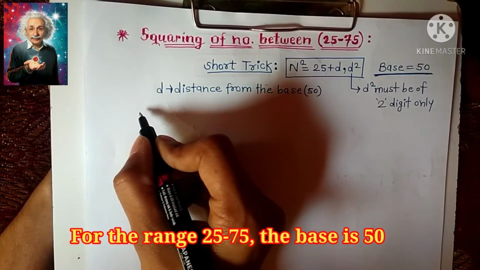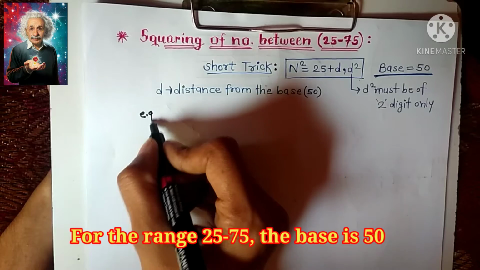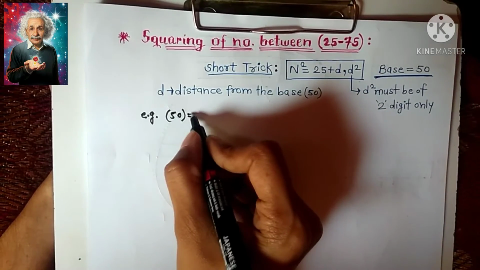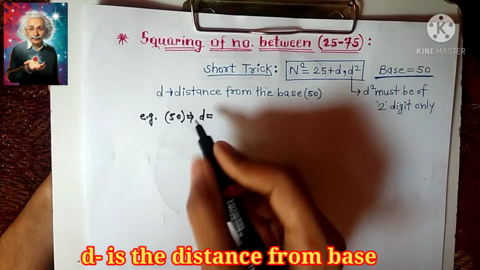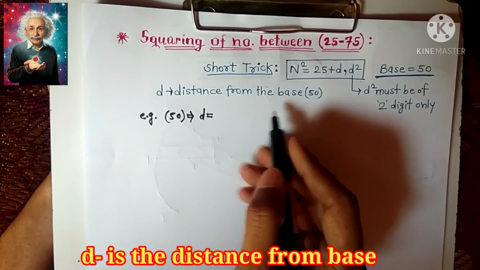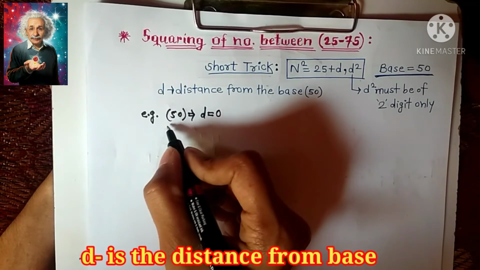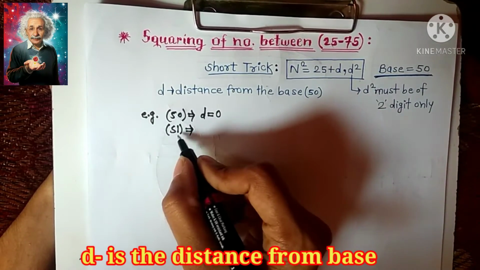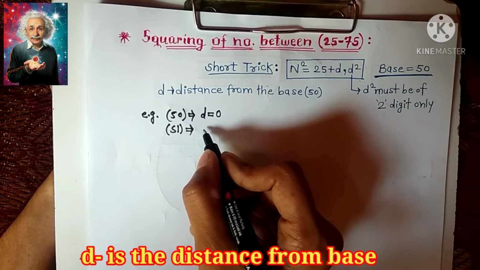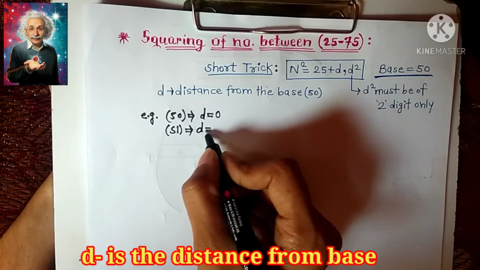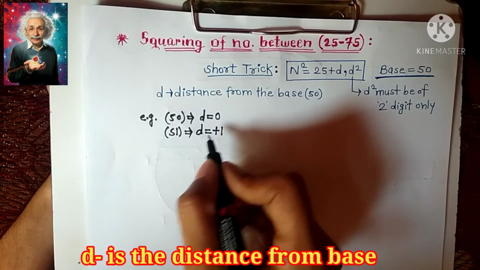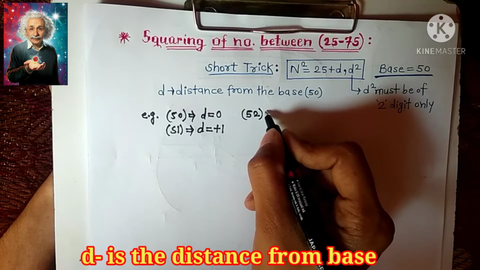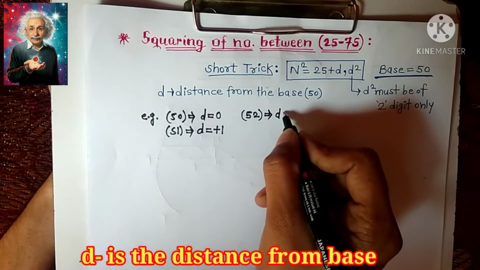First we take the numbers above 50. For example, for 50, what is the value of d? The distance of 50 from 50 is 0. Similarly, for 51, the distance of 51 from 50 is plus 1. So, the value of d is here plus 1. If we take 52, then what is the value of d here?